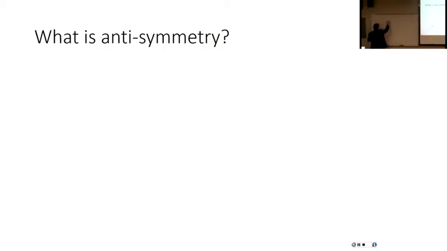So we need a property that if we swap the order of electrons, then the sign of the function will change. This is not a frivolous wish. It is not because I have a mood to change signs of wave function. It is literally dictated by the Pauli exclusion principle, which is that two electrons cannot reside in the same quantum state, right?